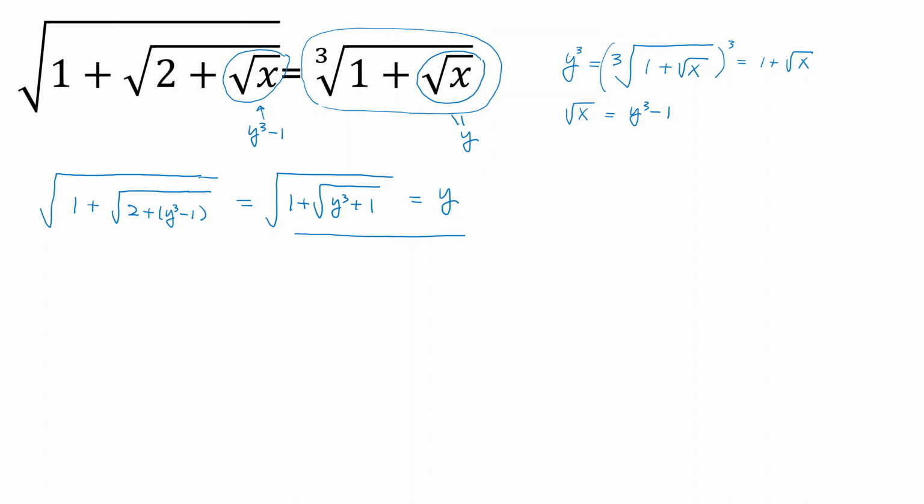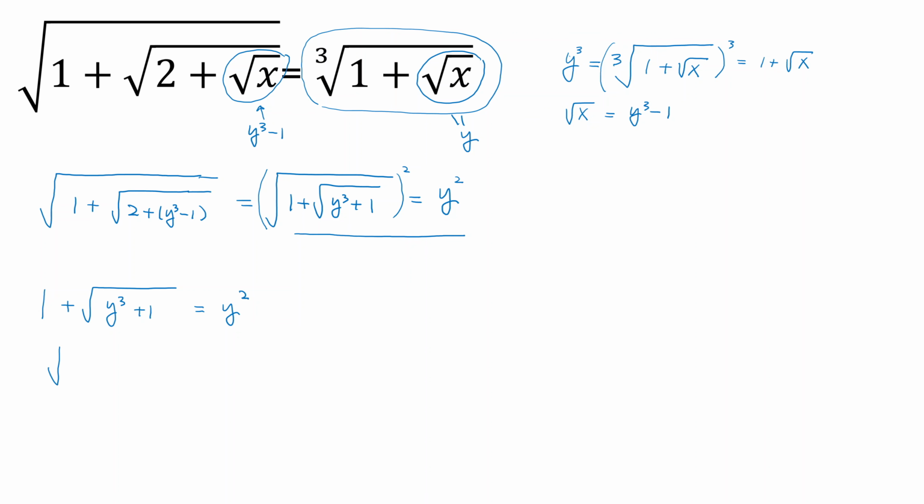To solve for y, you can square the left hand side as well as the right hand side. So I'm going to rewrite the left hand side as 1 plus square root of y cubed plus 1 should be equal to y squared. So you can move your 1 over to the right hand side.